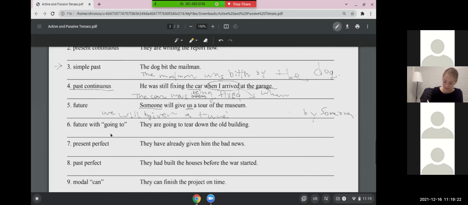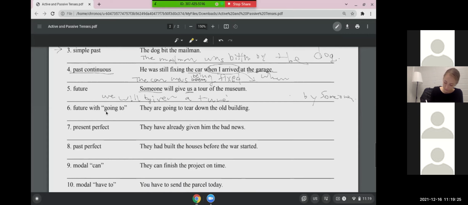Okay, thank you. Number 6, future with "going to": They are going to tear down the old building.